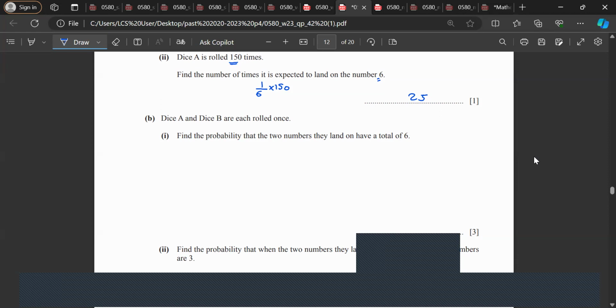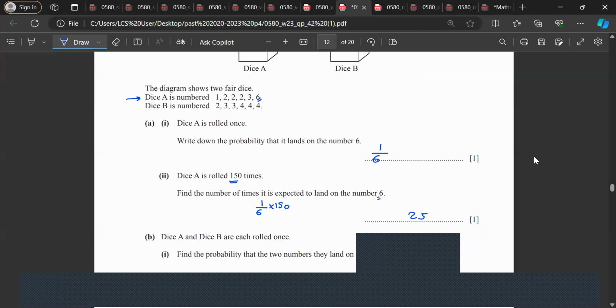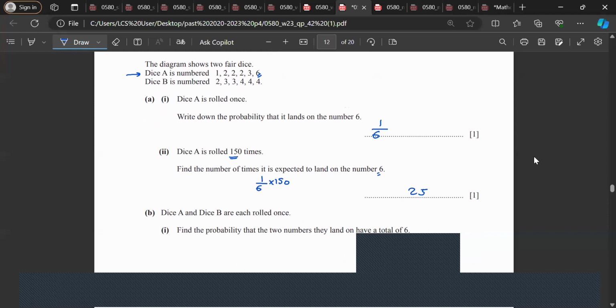I'm asking about the way. From where did you get these numbers? I want the total of them to be 6. How many ways will I get a total of 6 if I pick one from here and one from here?